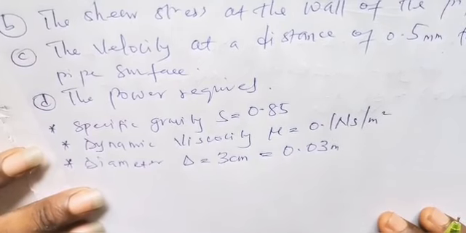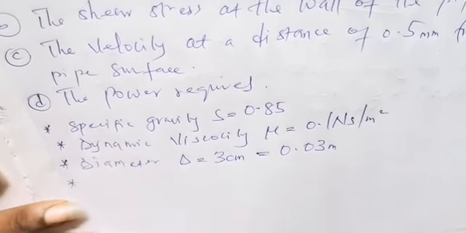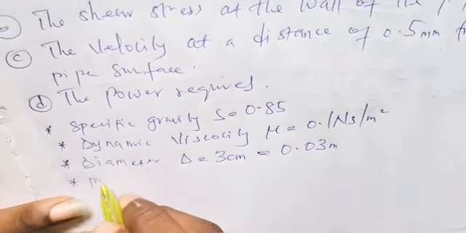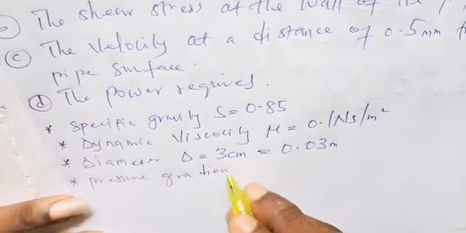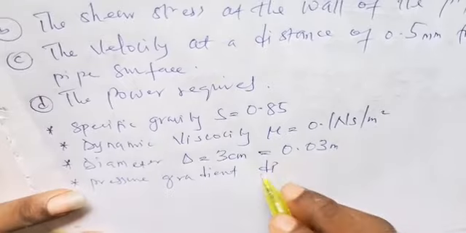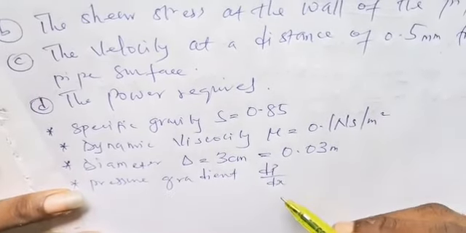Alright, the next parameter says the pressure drop per meter length. Pressure drop per meter length simply means pressure gradient, and that is dp over dx, where dp means change in pressure and dx means change in length.